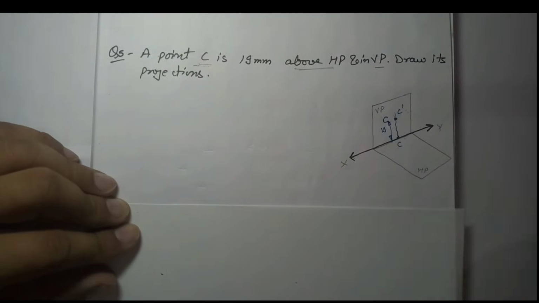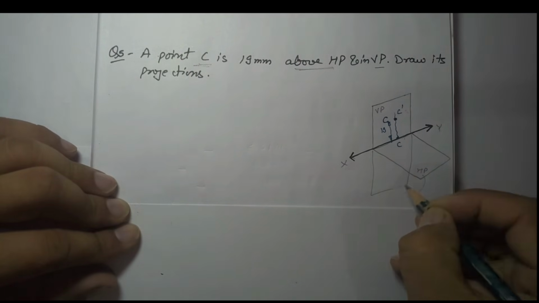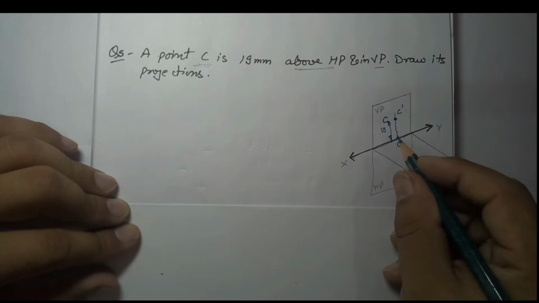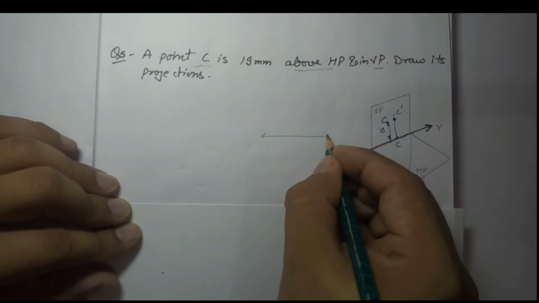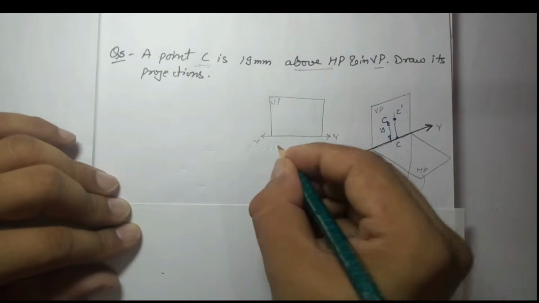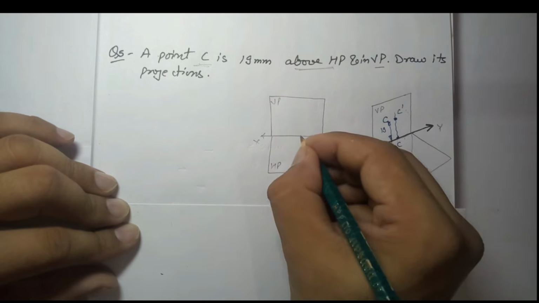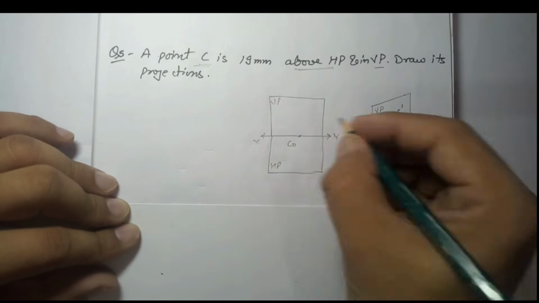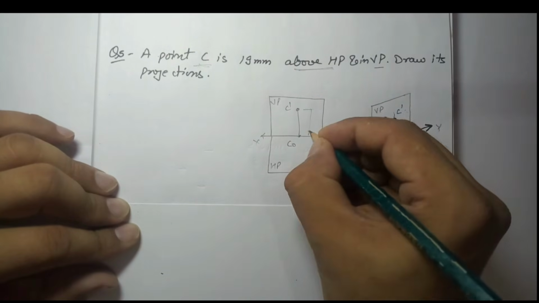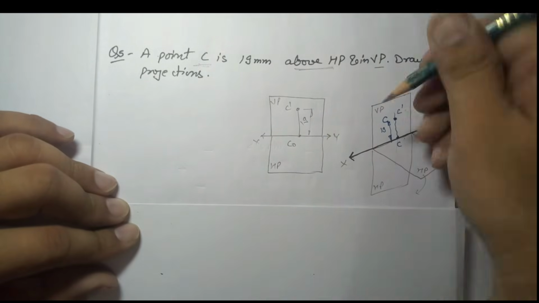Now to convert this 3D into 2D, what to do? When we rotate HP 90 degrees clockwise, HP will go down, and there is no point that will be rotated, so this will be the view. After rotation, if I show you the diagram, this is VP, this is HP. Now the point is here, C0, so it will have only one point, C dash, above at a gap of 19. And where will be the top view?